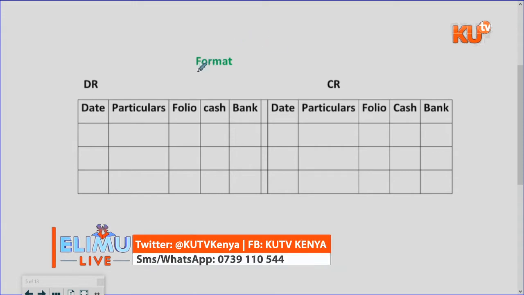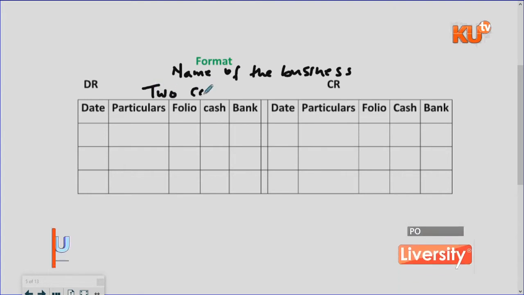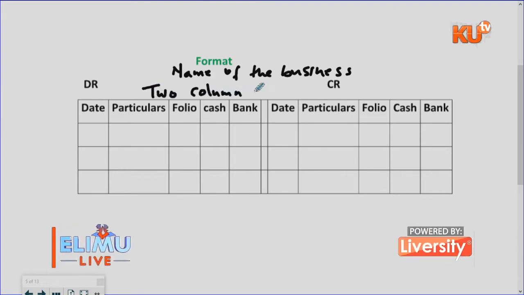One, remember you have the name of the business, it has to be captured. And then below it you write two-column cash book.